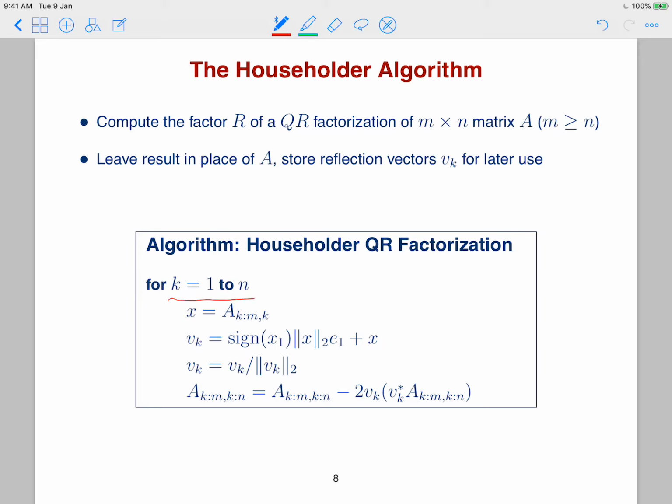So we iterate from the first until the last column of the original matrix. Okay, so we have n different columns, and then we process each column one by one. Initially, in the case of the first column, we will choose the entire vector as our vector x, and then we form our v, right?